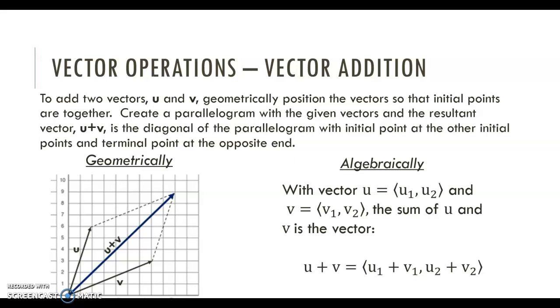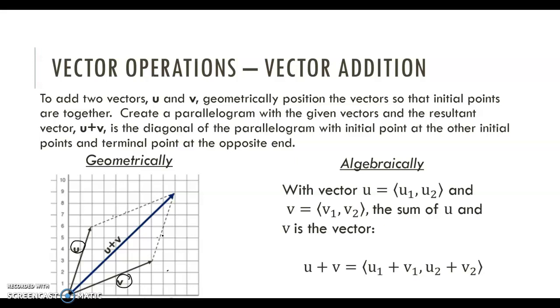So if you look at my picture here, here's my vector u and vector v. I positioned them with initial points together, and then the dashed lines created my parallelogram. The resultant vector, u plus v, is the diagonal formed in the parallelogram with initial point at the other initial points and terminal point at the opposite corner.